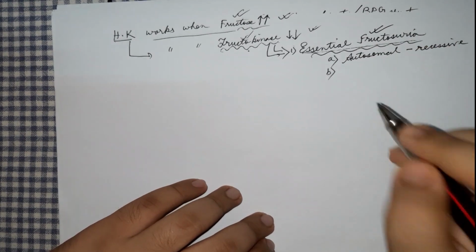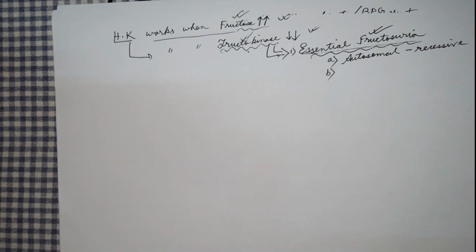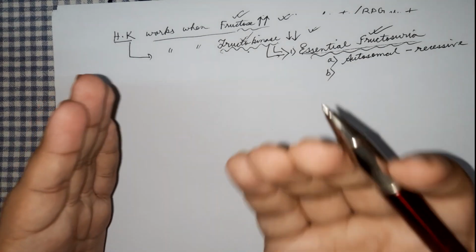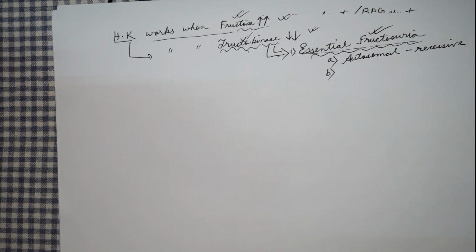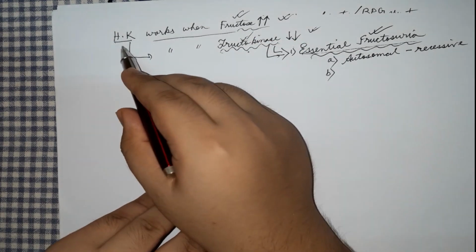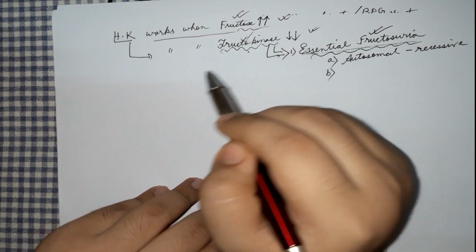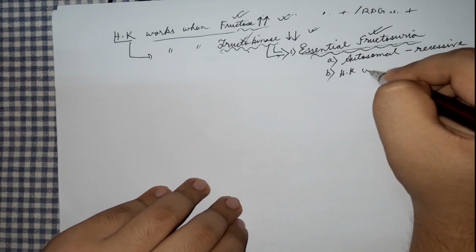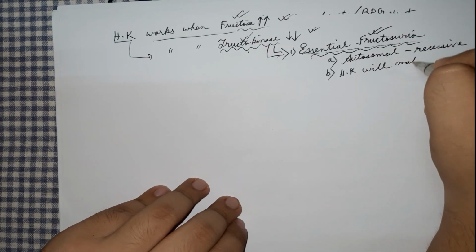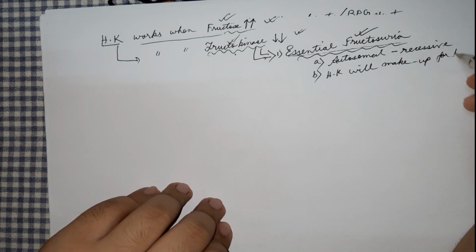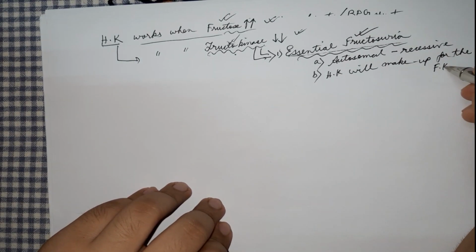The second point which I would like to say about essential fructosuria is, in case of essential fructosuria, fructose will start accumulating, right? But I have already said that hexokinase works when fructokinase is deficient. So hexokinase will mostly make up for the fructokinase deficiency.